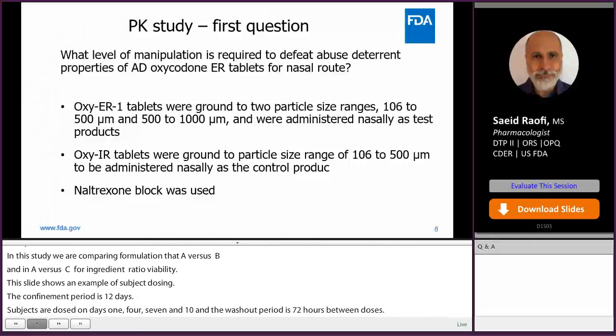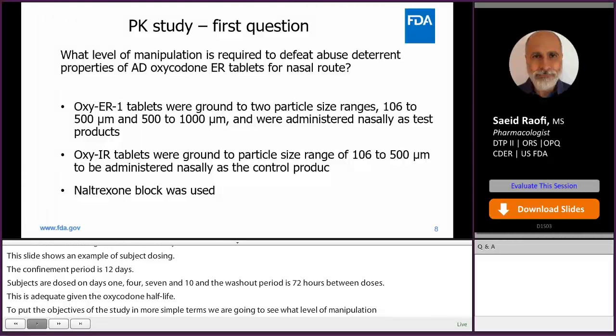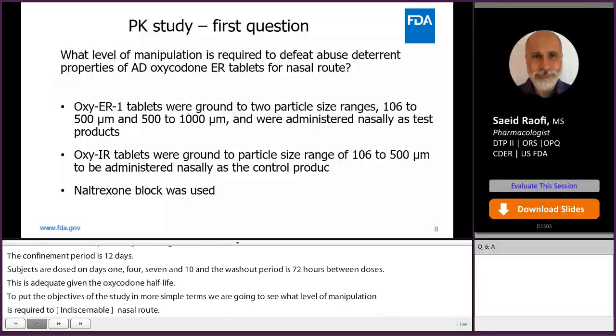To put the objectives of the study in simpler terms, we want to see what level of manipulation is required to defeat abuse-deterrent properties of abuse-deterrent oxycodone ER tablets for the nasal route. To do this, we take Oxy ER 1 tablets and mill them to two different particle size ranges, 106 to 500 micrometers and 500 to 1000 micrometers.